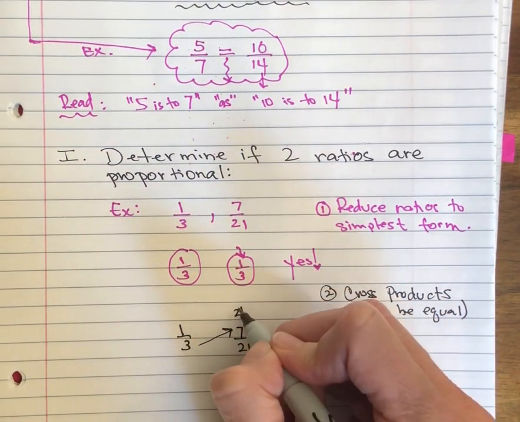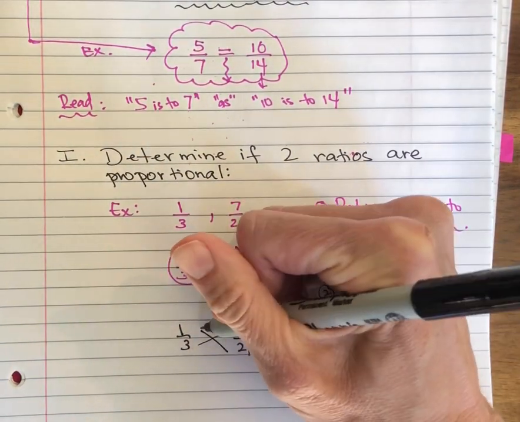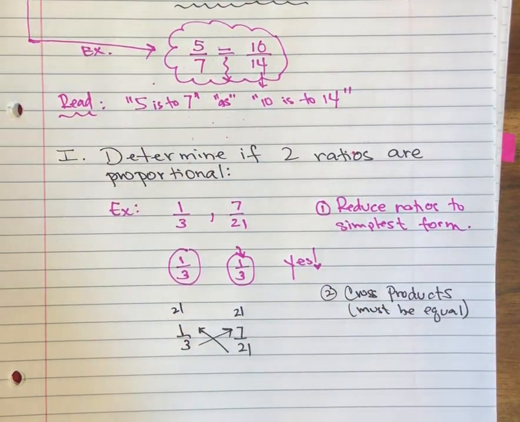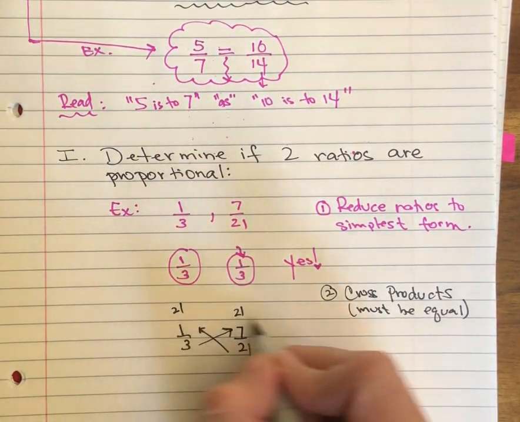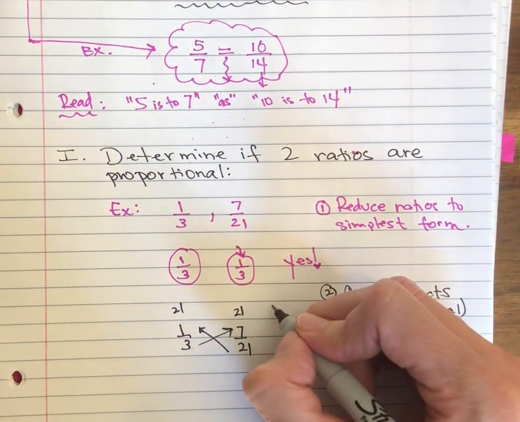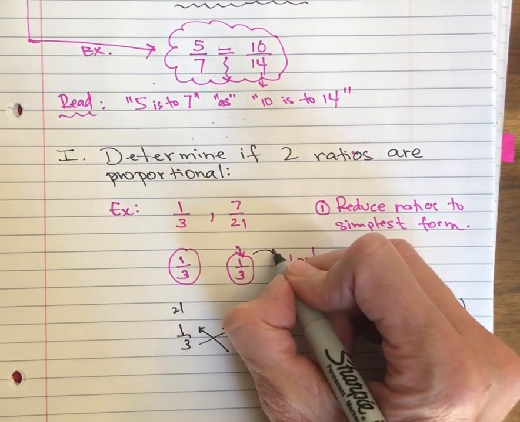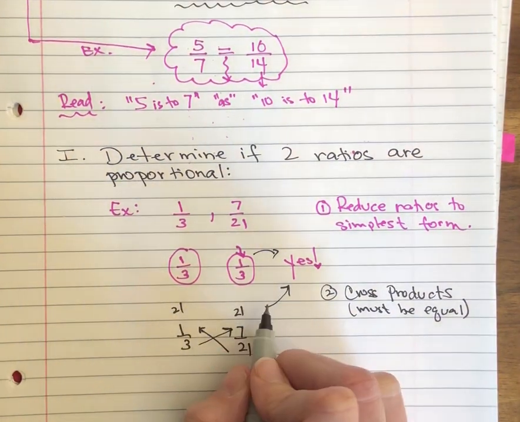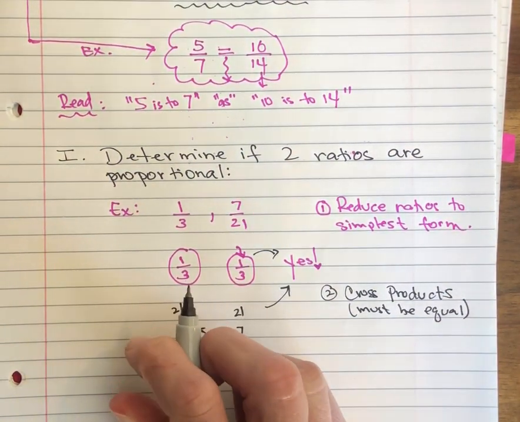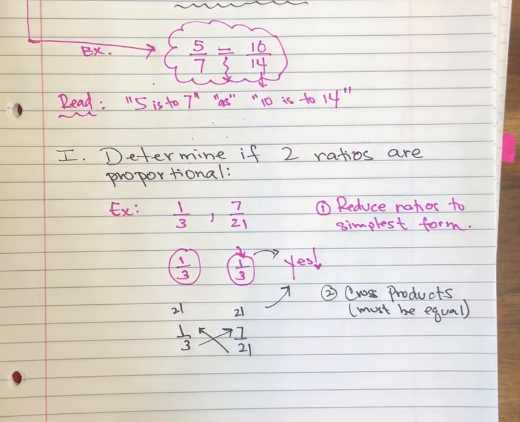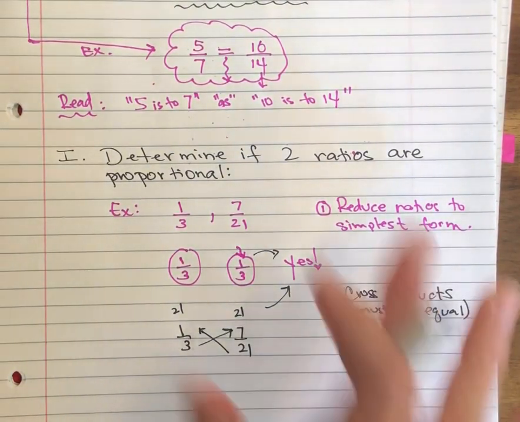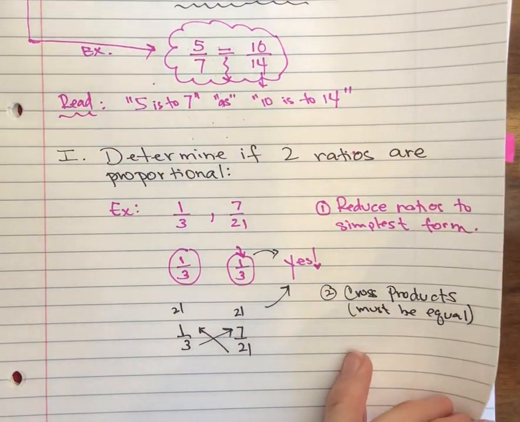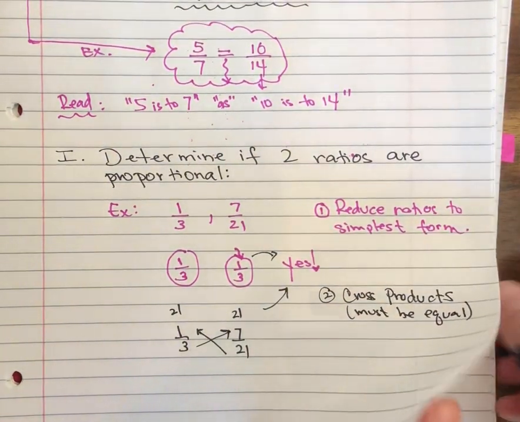There's our product across. And then we multiplied the other way. 21 times 1 is 21. If our cross products are equal, we would still say yes, they're proportional. If they weren't equal, like if we had 18 and 21, then we would say no, the ratios are not proportional. Okay, so this part should all be pretty familiar to you. Just practice again, determining if our ratios, our fractions are equal.